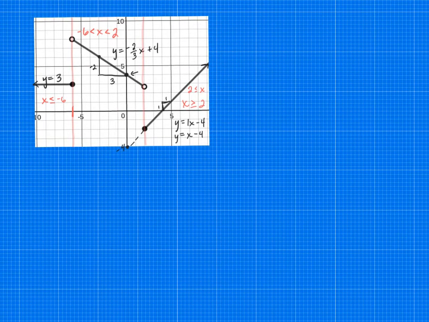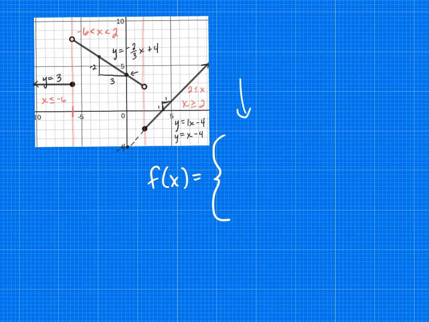So the piecewise function is going to start with, I need to get my right color here. So f of x equals, I need a bracket, and then I'm going to put each of my equations in without the y equals.